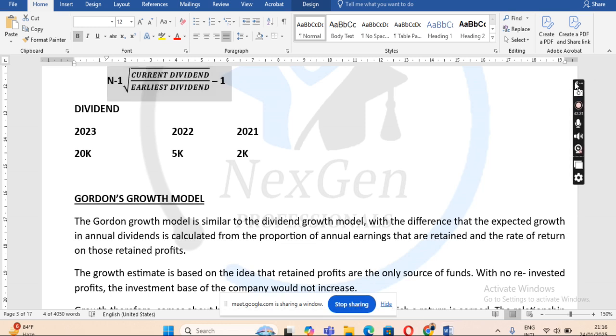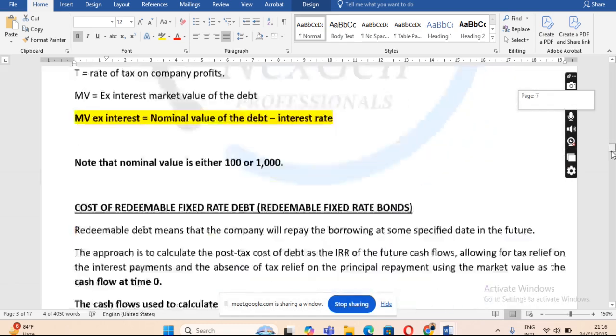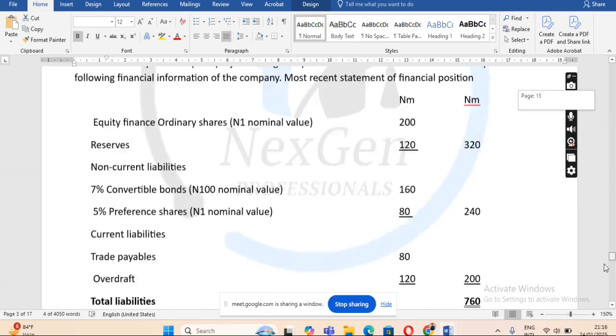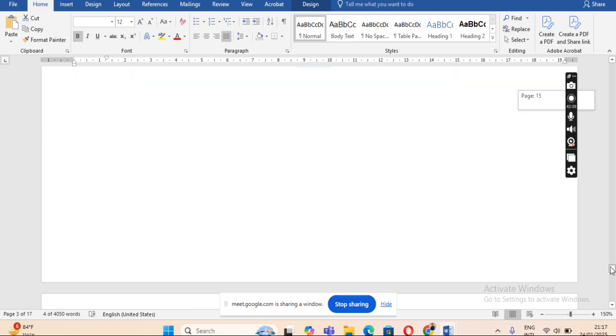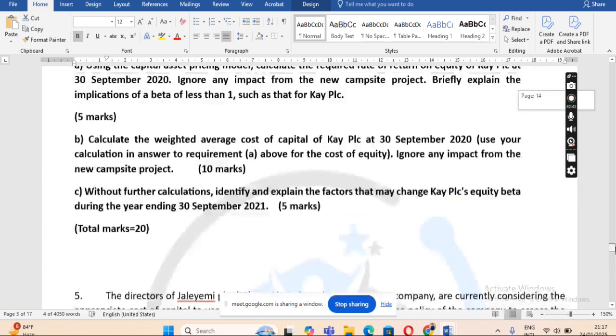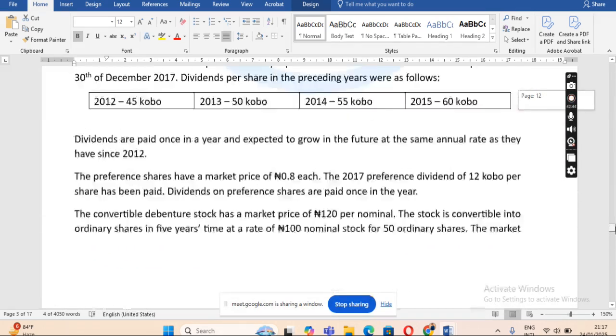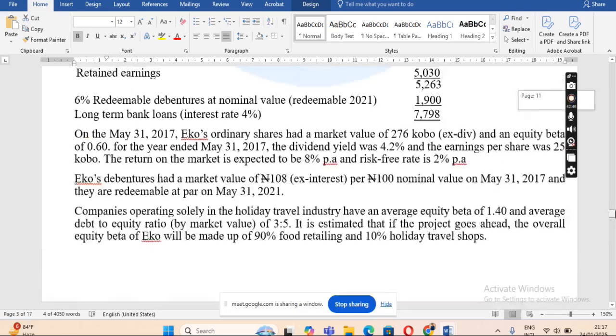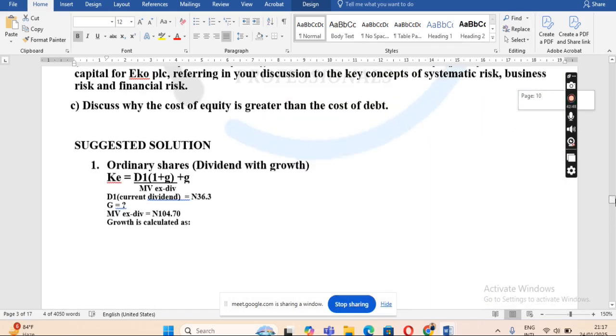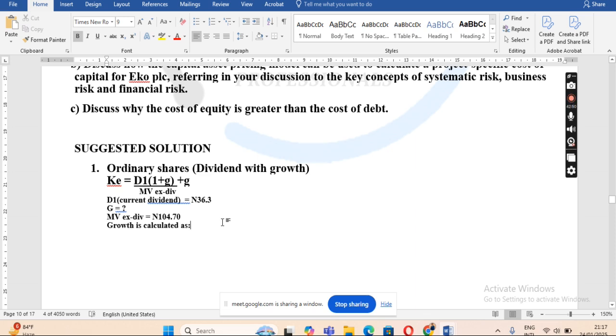Cost of capital is very simple, as simple as ABC. Just understand the concept, you will get it. Now, let me quickly paste the formula so that we can move on.